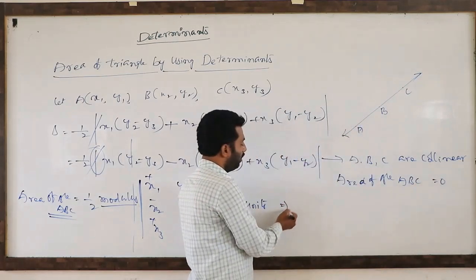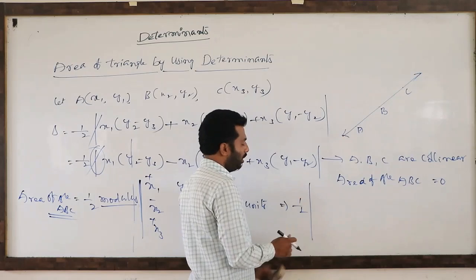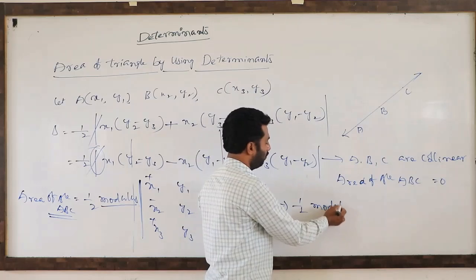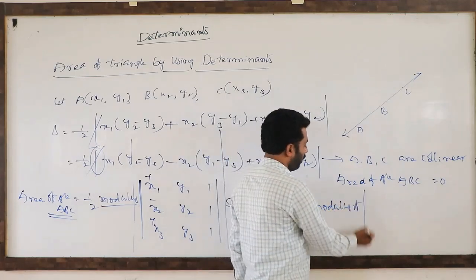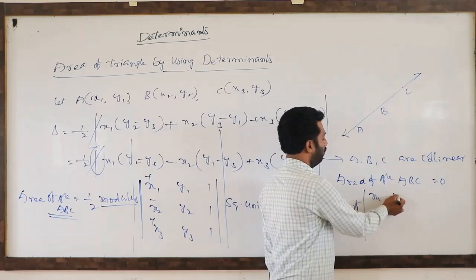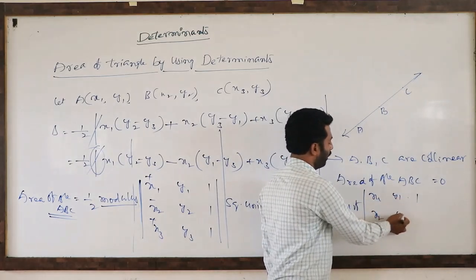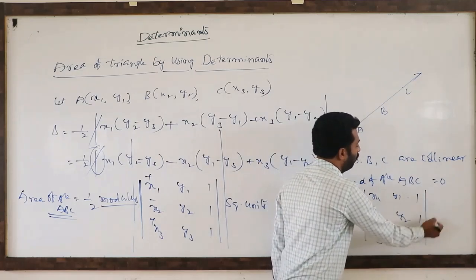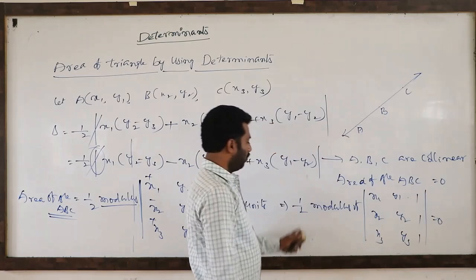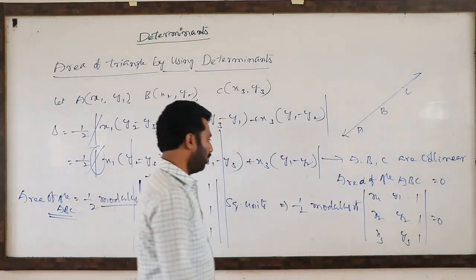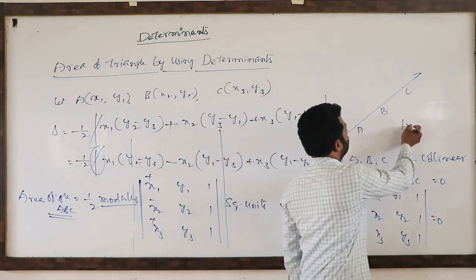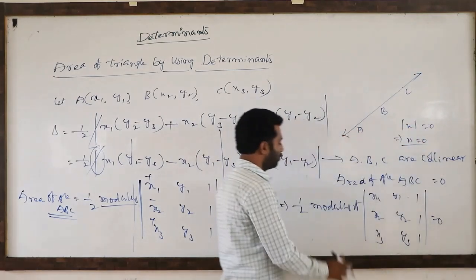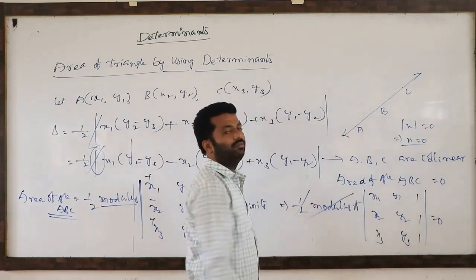What is our formula? Half into modulus of the determinant of x1, y1, 1; x2, y2, 1; x3, y3, 1 equals 0. If you send the 1 by 2 across, it becomes 0. Modulus of x equal to 0 is nothing but x equal to 0.